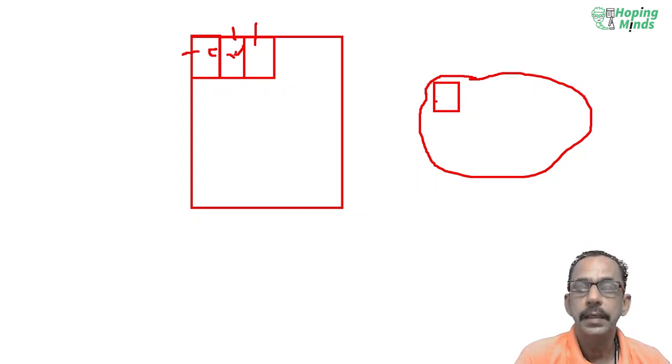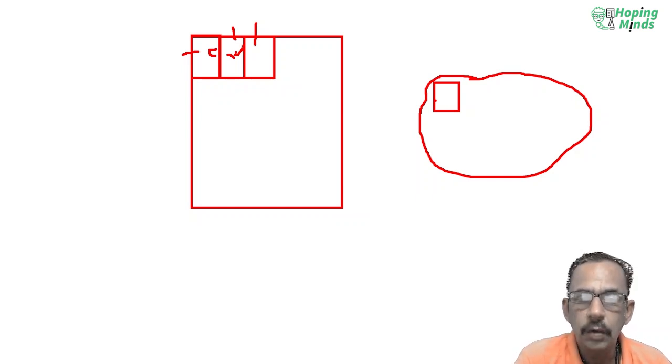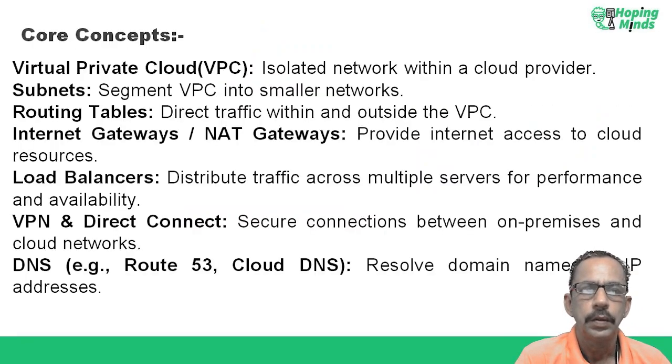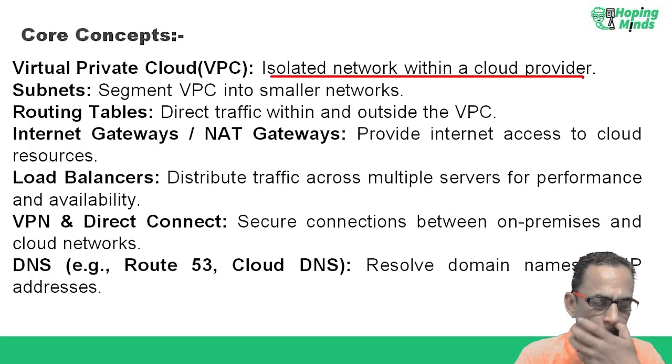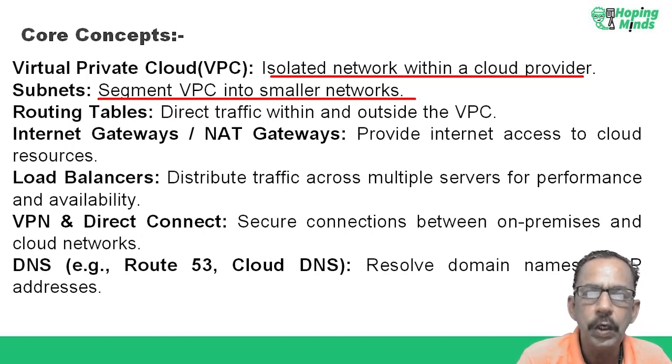I can create my NAT gateway, and use the CIDR or subnets according to me. I have to design this. So it is a totally isolated network within a cloud provider. Then comes the subnet, which segments a VPC into smaller networks.